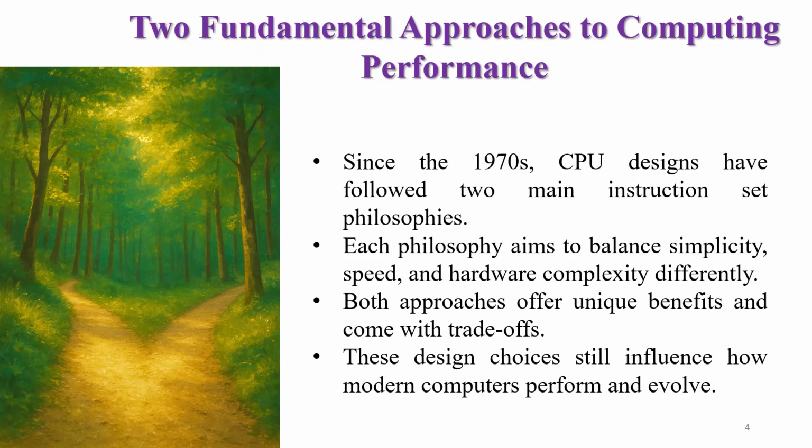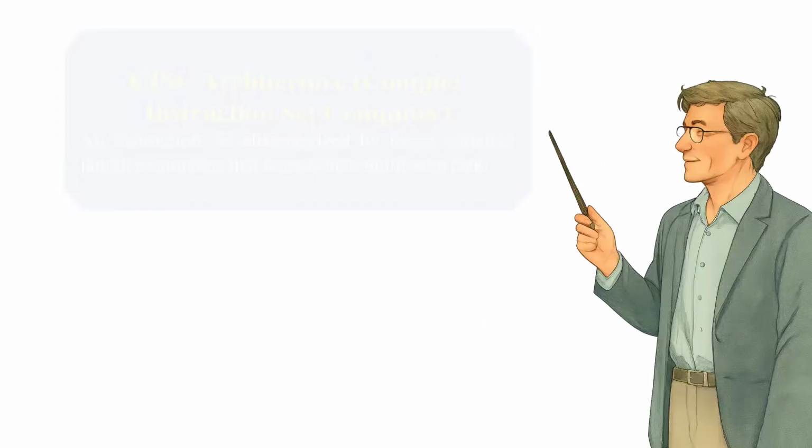These two approaches are like two roads leading to the same destination, that is better performance, but they take different routes. CISC prioritizes the programmer's convenience and compact programs, whereas RISC prioritizes hardware simplicity, speed, and efficiency. And this debate shaped how CPUs evolved over the last 50 years, and the results are still visible today.